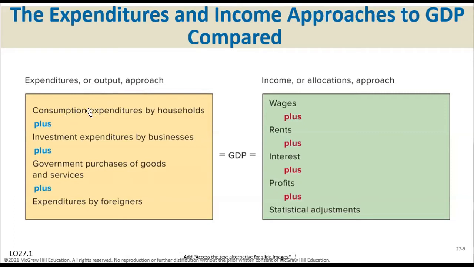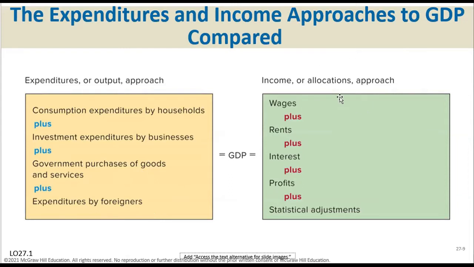The money that households spend on consumption, the business expenditure, so investment by businesses. We have the government purchases, money spent by government on goods and services, right? And the last item is the expenditure by foreigners, which is the exports minus the imports.